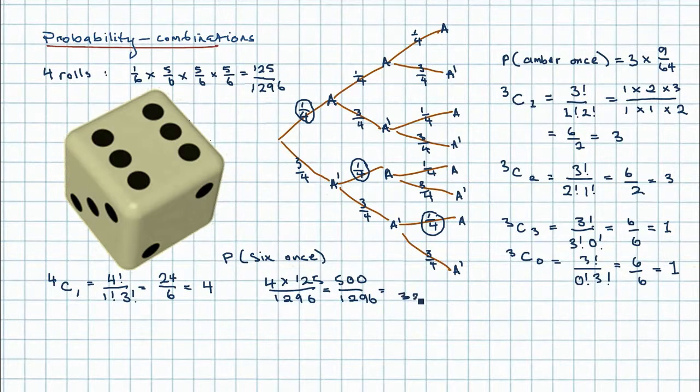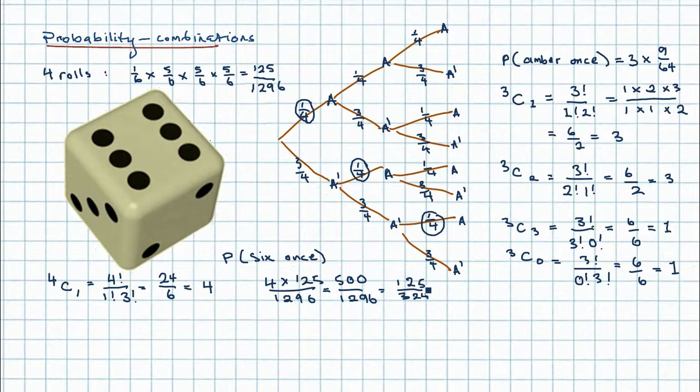And if I divide 1296 by 4, I get 324. And if I divide 500 by 4, I get the 125 back. And that's the highest common factor, so that's as simplified as it gets.